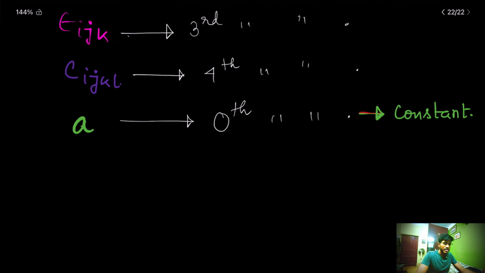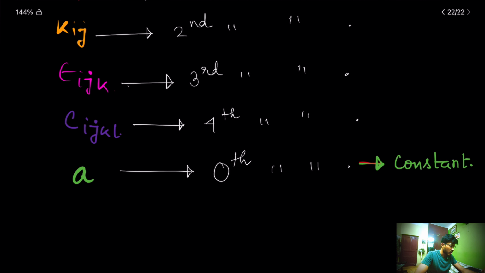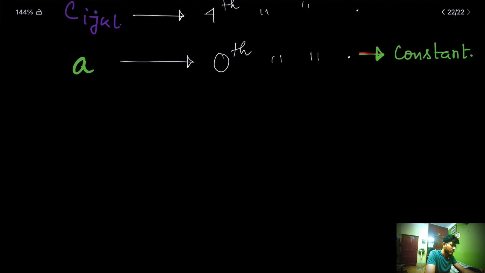So generally from the point of view of mathematics, any parameter that is having k number of free indices will be a kth order tensor. I think that is explicit from these expressions, but still I am writing for the sake of completeness.